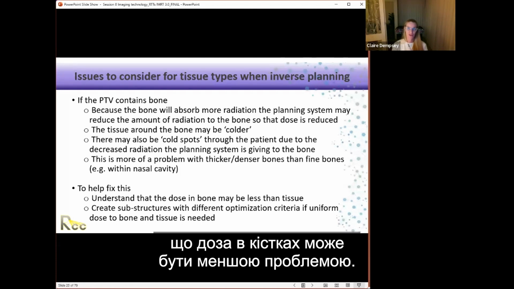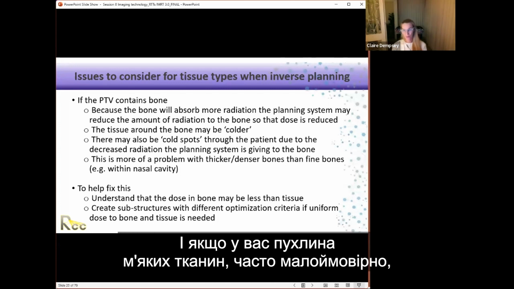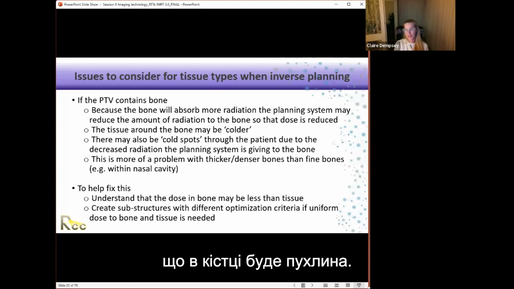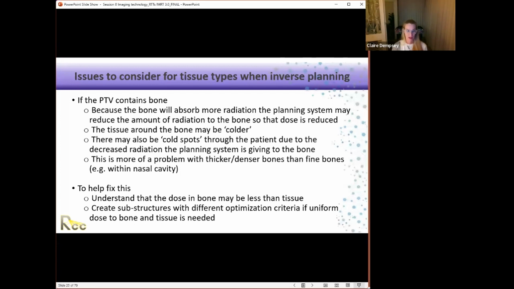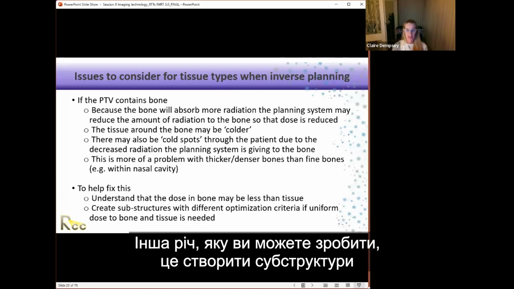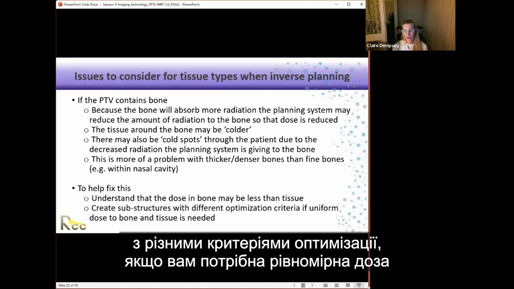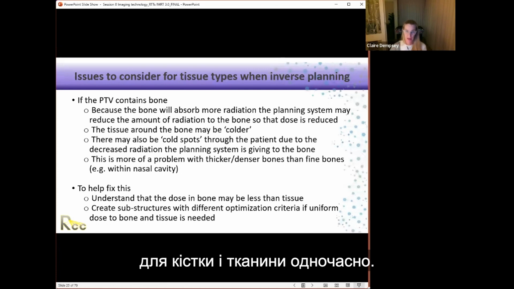So if you've got a soft tissue tumour, it's often unlikely that the bone is going to have tumour in it. So you may remove the bone from the PTV if that's possible. The other thing you can do is create substructures with different optimization criteria if you need uniform dose to the bone and tissue at the same time.